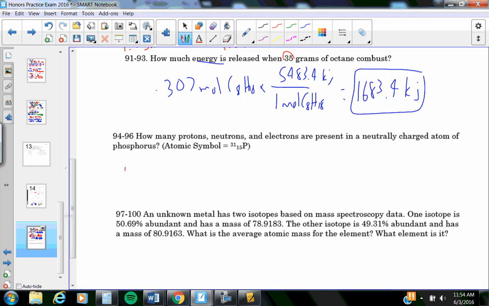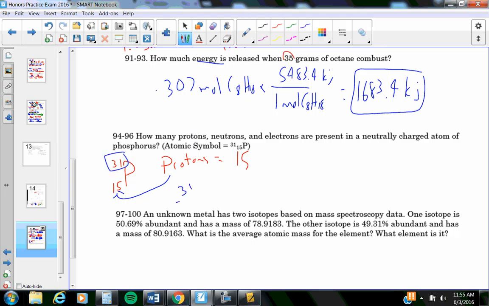Last couple. When you see something like this, it's usually written P 15, 31 above each other, or staggered is okay. You have to break down how many protons, neutrons, and electrons. Protons, that's just the atomic number. It's 15. It's right there. But its total mass number is 31.